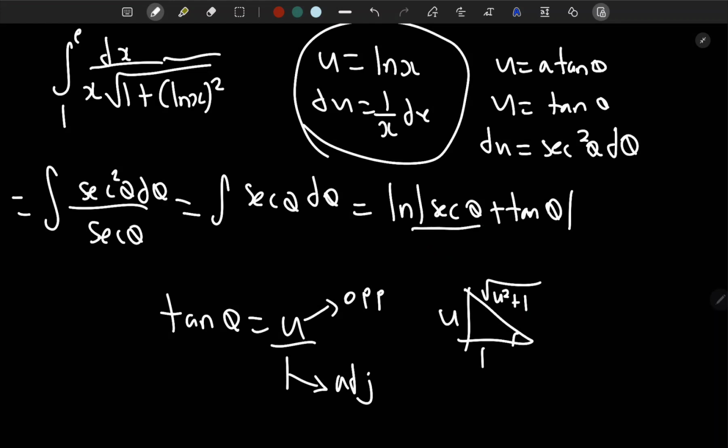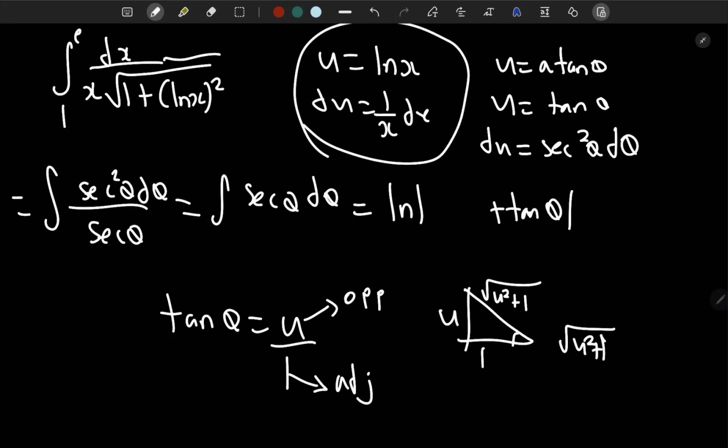So now we can find secant. Now since secant is 1 over cosine, if we find cosine and we flip it, that will be equal to secant here. So cosine is adjacent over hypotenuse, which is going to be 1 over the hypotenuse, and now we flip it again since we want secant, so it's going to be equal to just radical u squared plus 1.